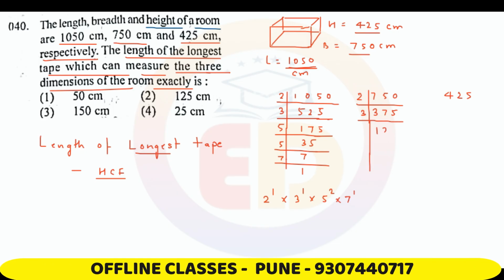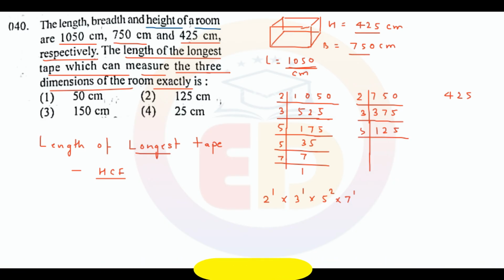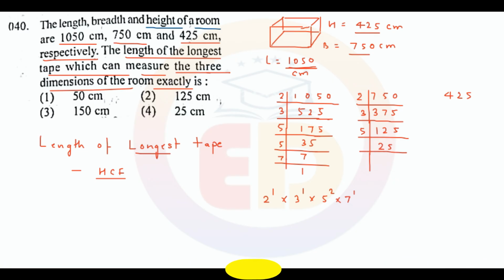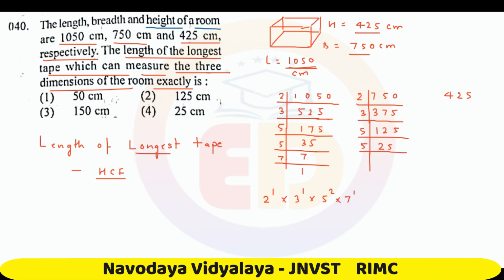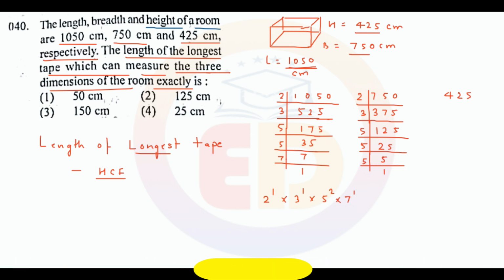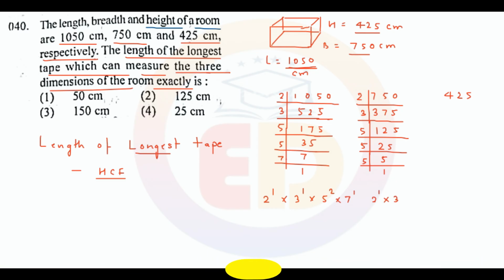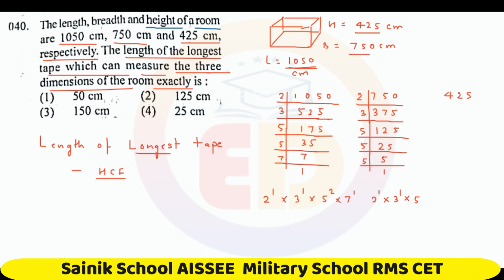It is 125. Now 125 is divisible by 5. It is a cube of 5. 25. 25 is divisible by 5. So 5 5s are 25. 5 1s are 5. So this is 2 power 1, 3 power 1, 5 power 3.